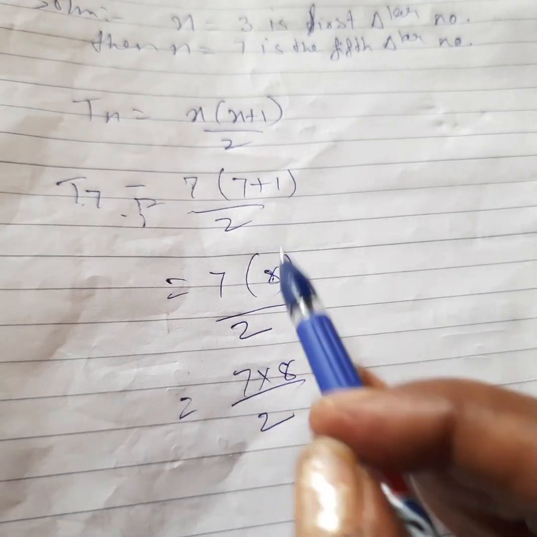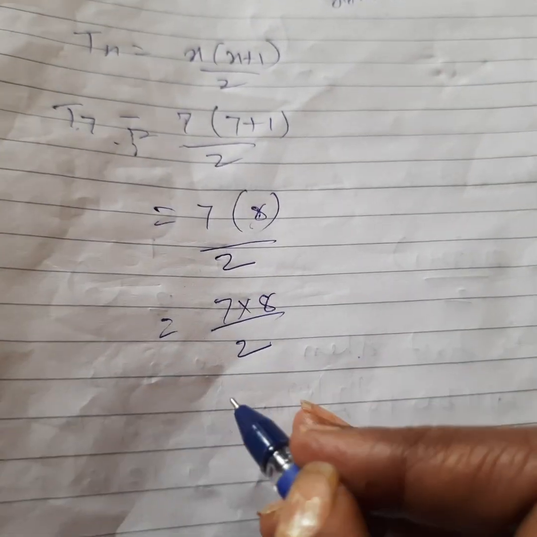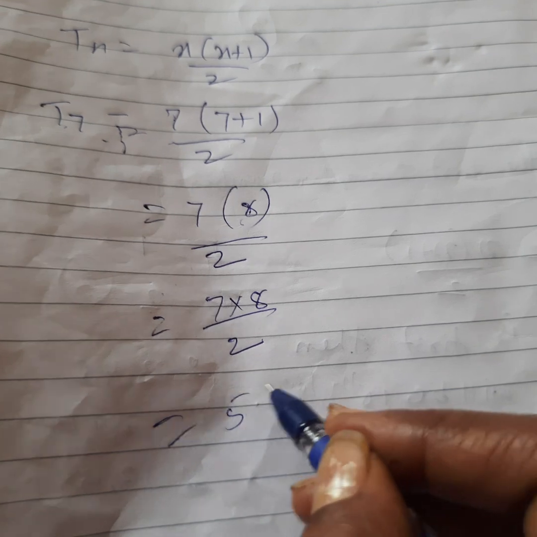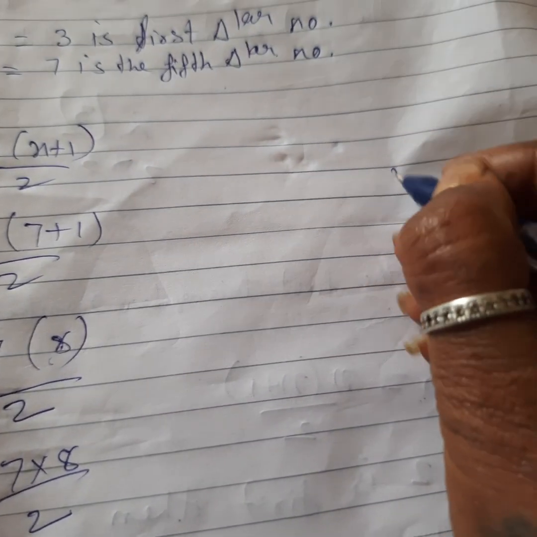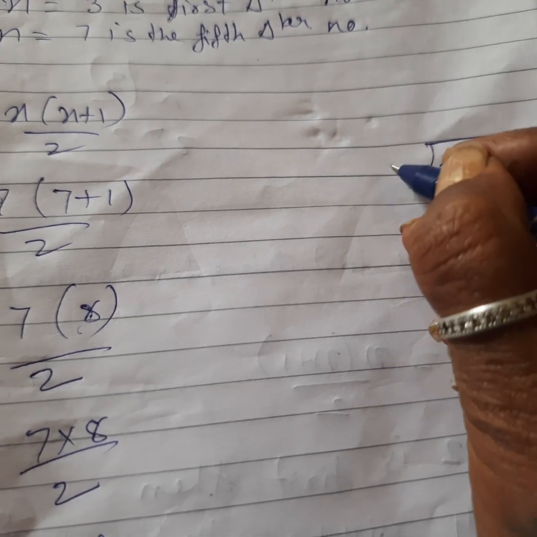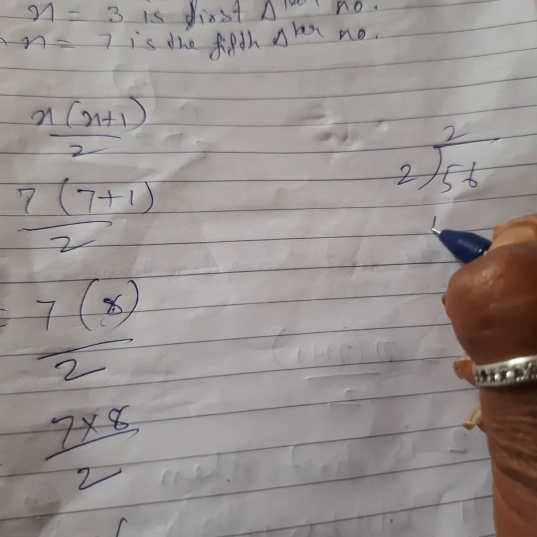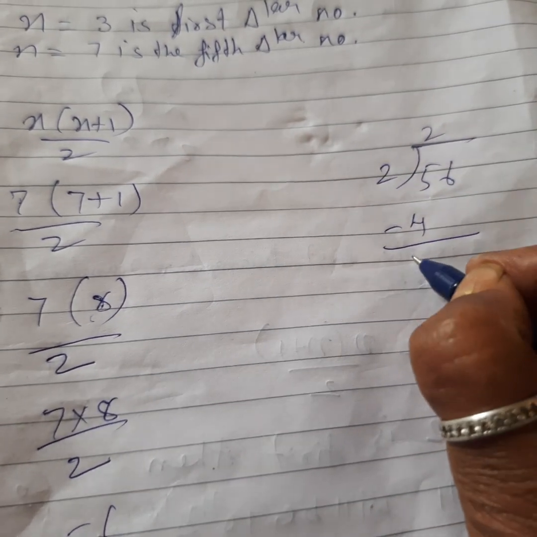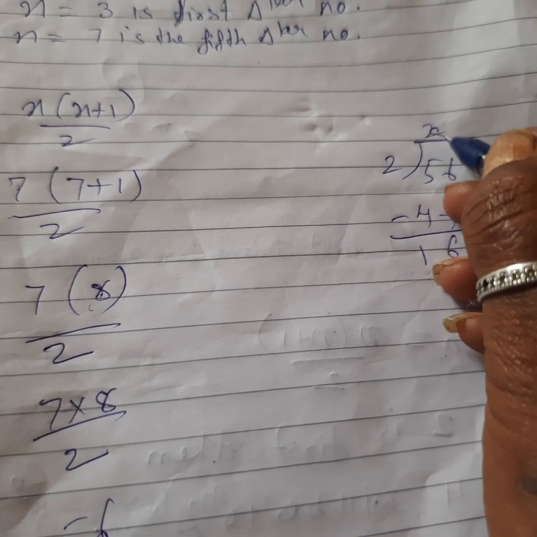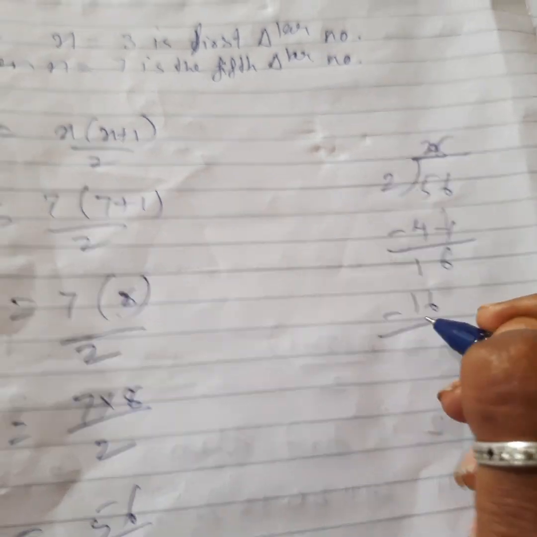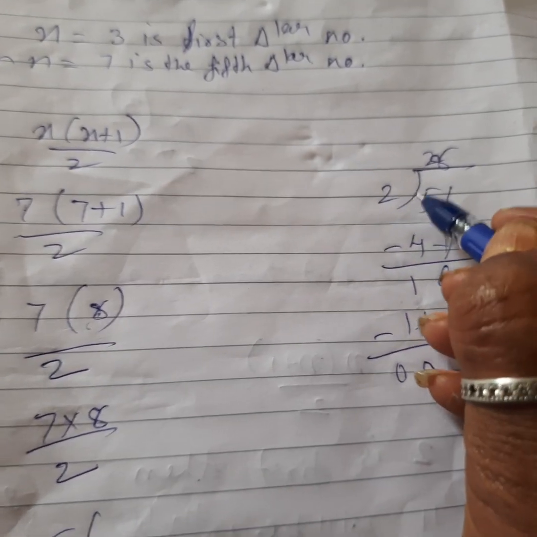Directly also you can do 7 plus 1, 8. Directly 7 into 8. 7 8s are 56. 56 divided by 2. So now let's divide, children. If you know cancellation, you can do 2 2s are 4. 1 is brought down, 6 is brought down. So 2 8s are 16. What did we get? 28.